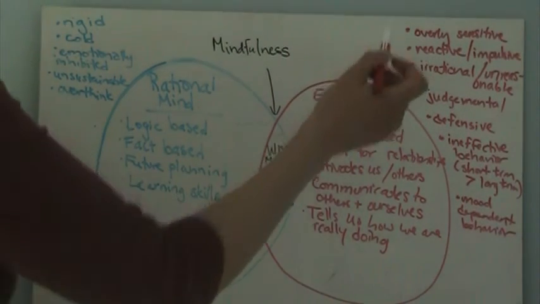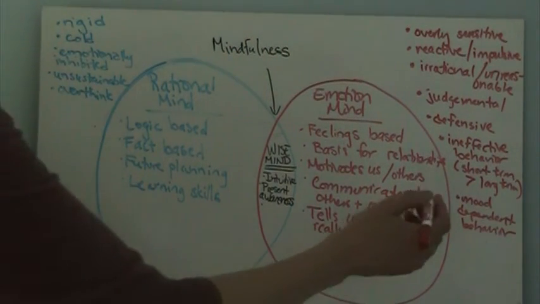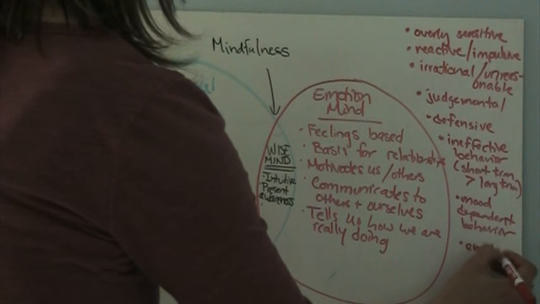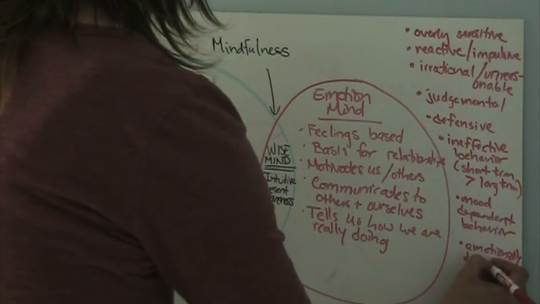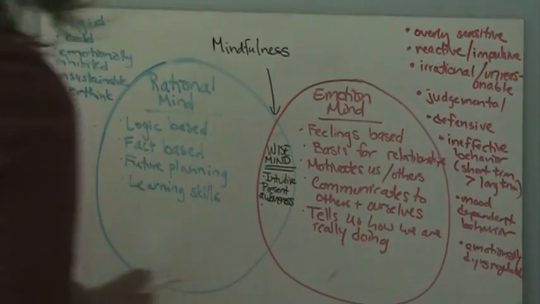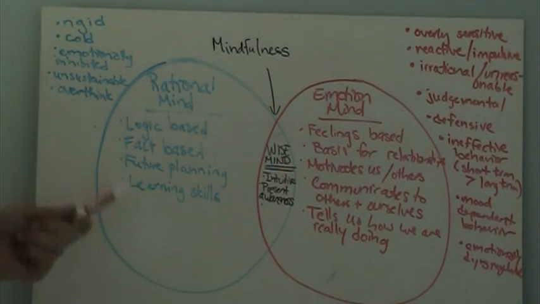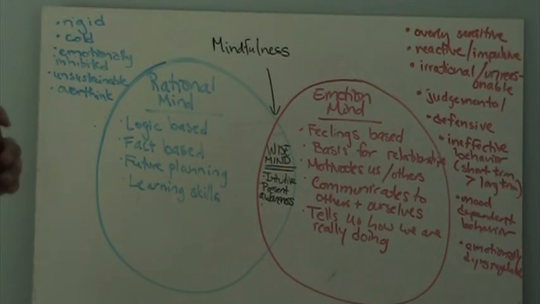And ultimately, we can sum this up by calling it emotionally dysregulated. And we could sum up only utilizing rational mind as being emotionally inhibited.